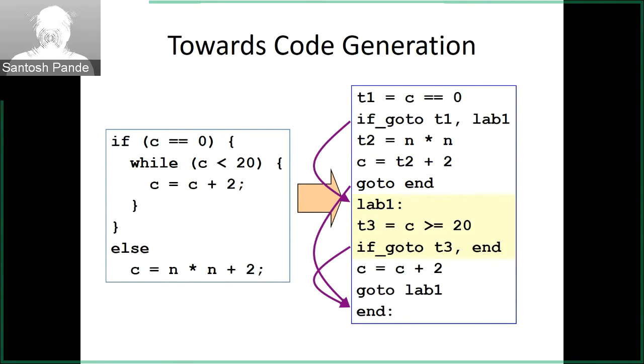That code for while will be passed on to the top level if statement, and similarly on the else side, we would have generated code for C equal to n times n plus 2, which is shown here. That would be passed on to the else side.